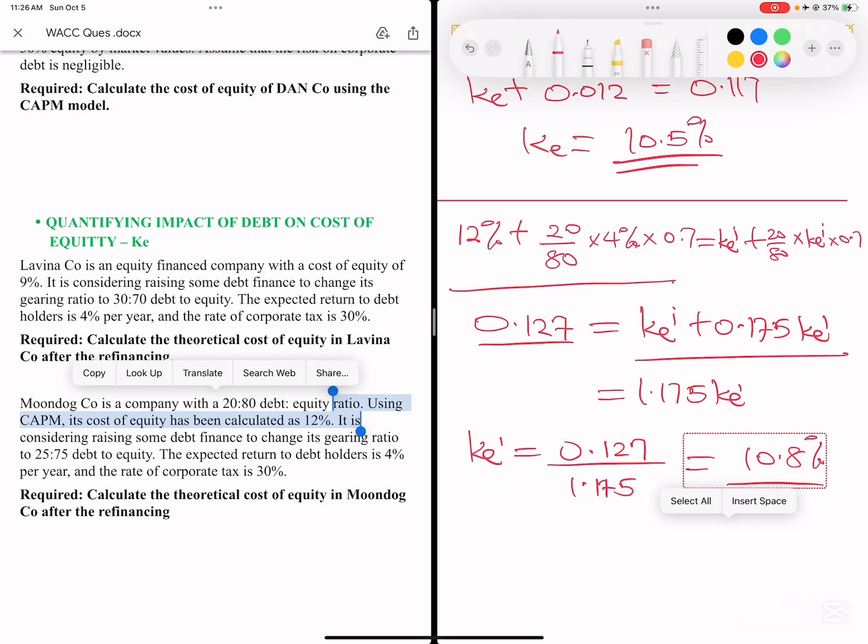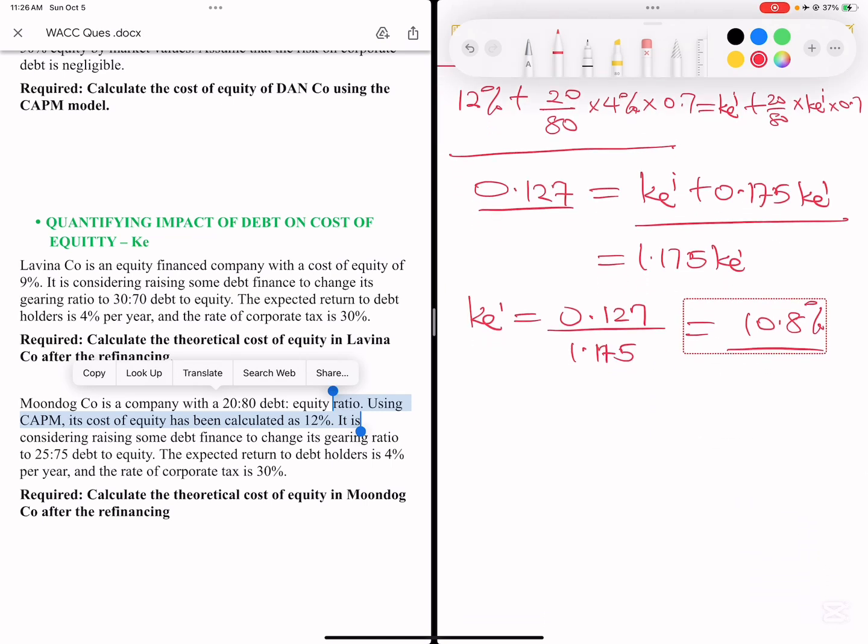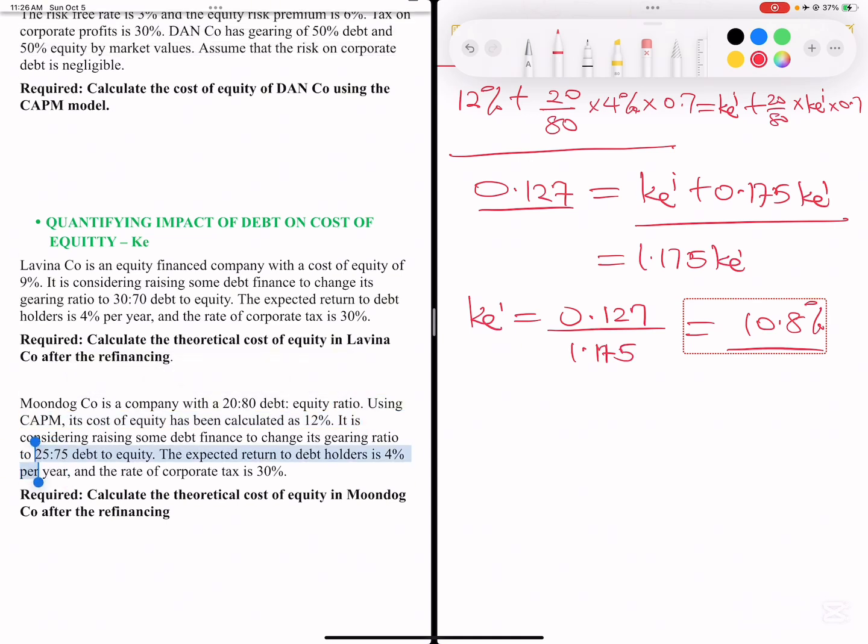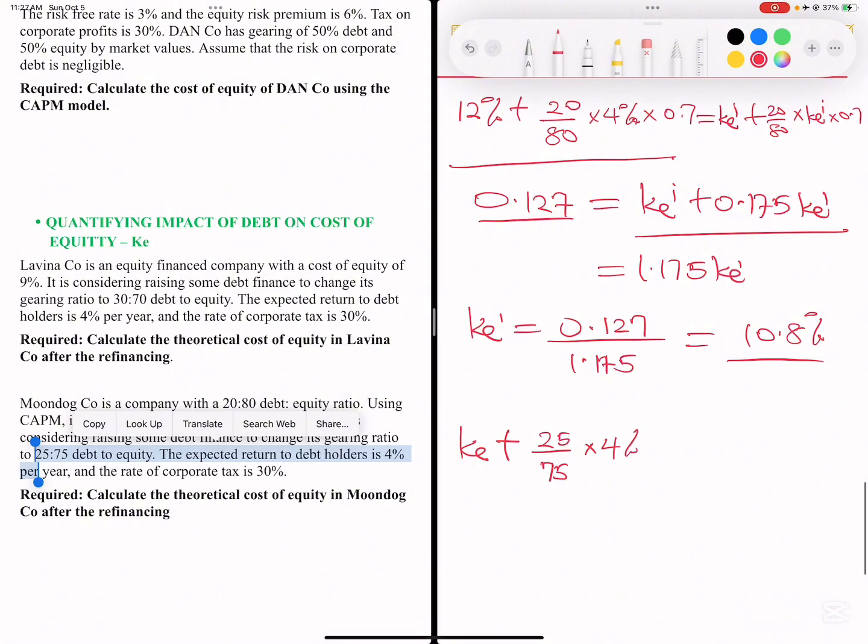Yeah. So if KEI is 10.8%, now that is the cost of equity for an ungeared company. Now, what we want is the cost of equity for a geared company using this debt ratio of 25/75. So the KE that we are looking for plus the new debt is now at 25 over 75 multiplied by cost of debt, still 4%, 1 minus T, 0.7.